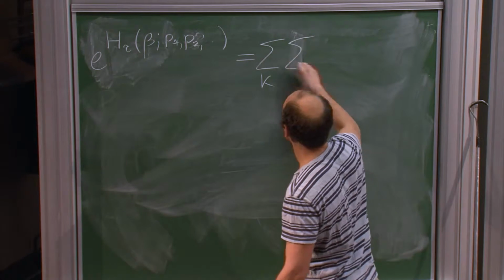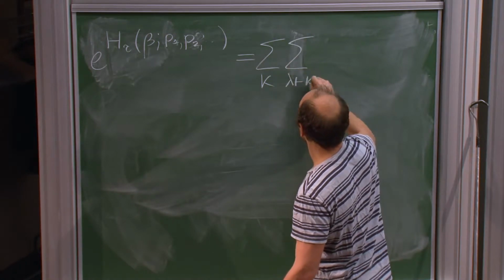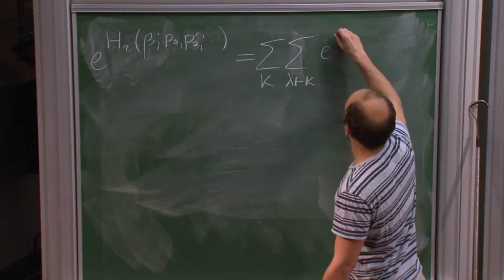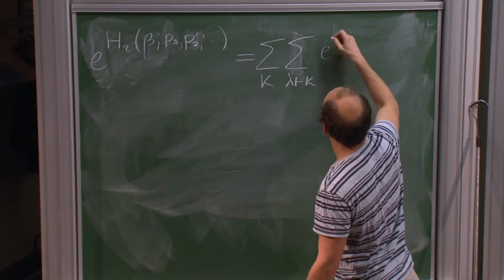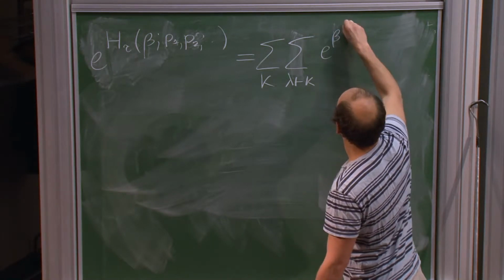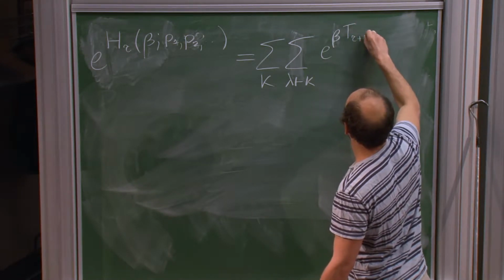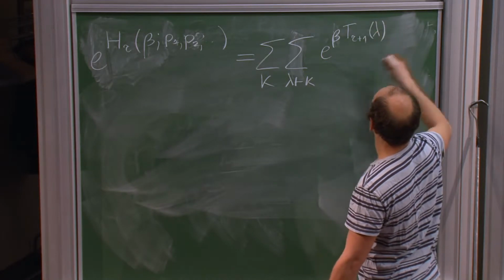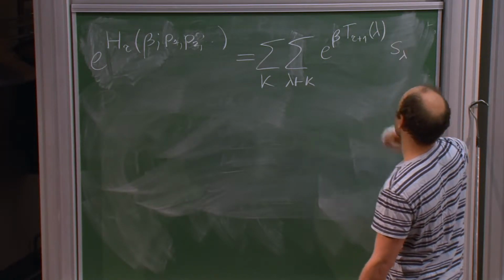So sum over partitions of k, e to the power beta t_{r+1} of lambda times the Schur polynomial.